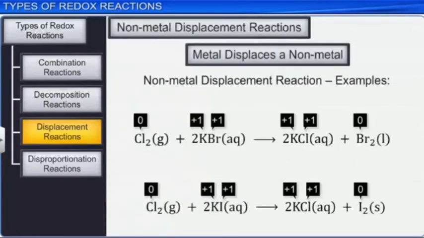In these reactions, chlorine displaces bromide and iodide ions from the aqueous solutions of their salts. These reactions are used to identify bromide and iodide ions, as the bromine and iodine produced have characteristic colors. This identification is called the layer test.